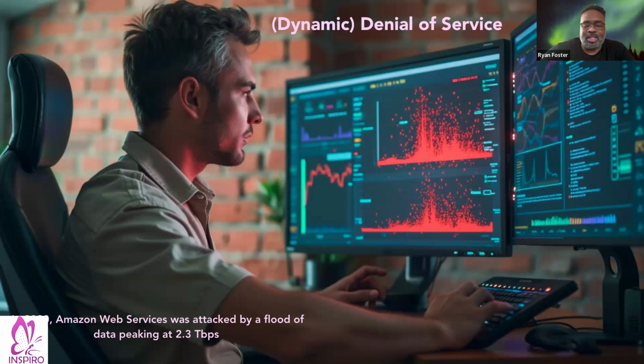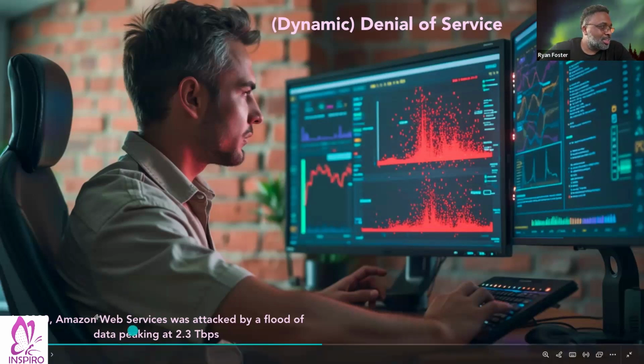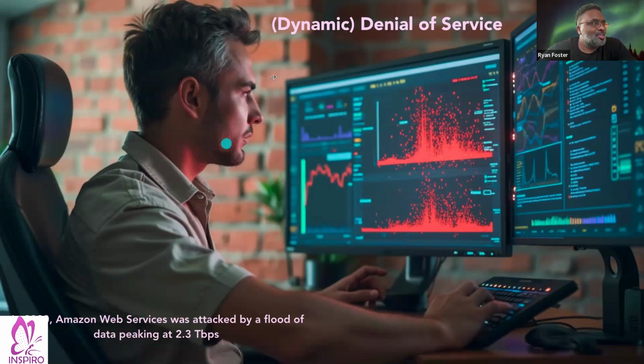Thankfully, when this happened, Amazon was able to fix and mitigate the problem. But I chose this example because a big company such as Amazon is not immune to being attacked with a flood of data packets, a flood of information.